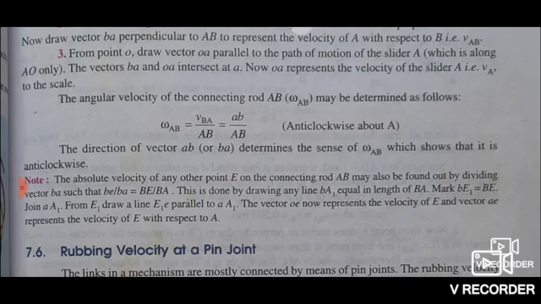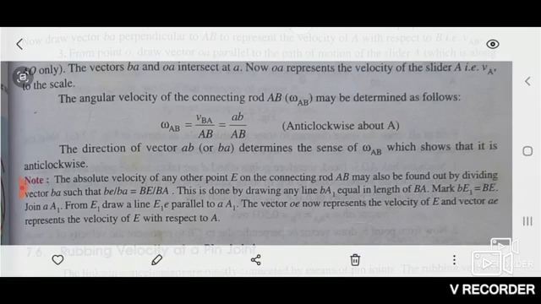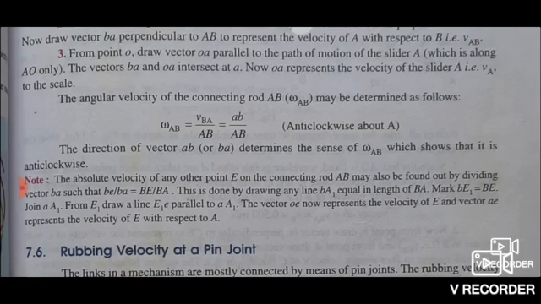Note, the absolute velocity of any other point E on the connecting rod AB may also be found out by dividing vector BA such that BE by BA equals BE by BA.